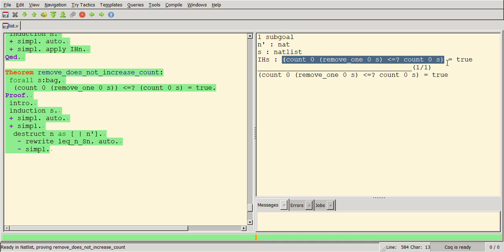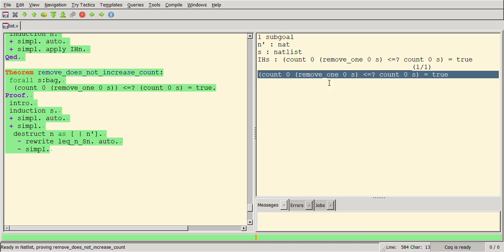So now if we rewrite inductive hypothesis S, and replace this term with the right hand side of the inductive hypothesis IHS, then we would be able to close this theorem. So let me rewrite from left to right. IHS. I'm not using the arrow because by default it is from left to right.